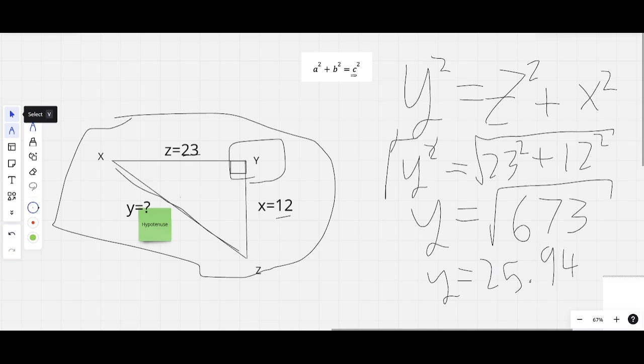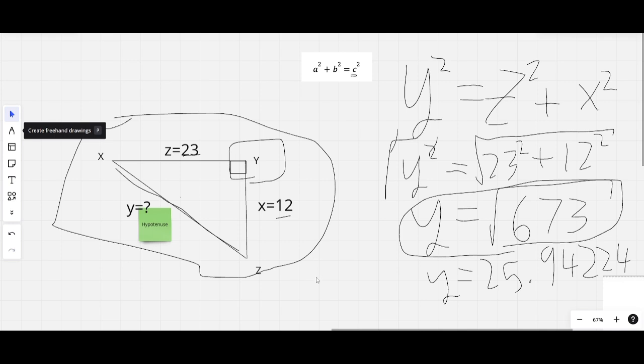Obviously, if your teacher would want 5 decimal spaces or just 1, then you would act accordingly and add those numbers. In this case, it will be 2, 2, 4. However, if your teacher would want exact values, you would just leave it like this, the square root of 673.